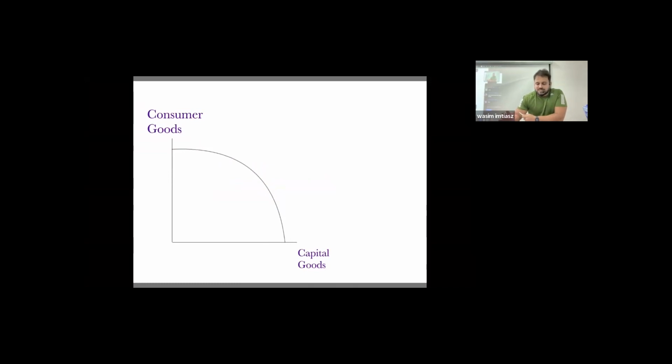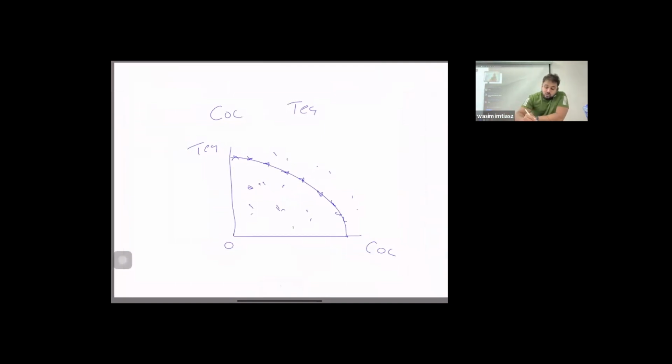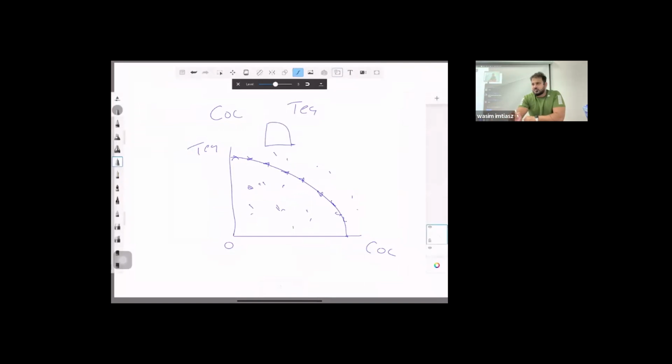Now, another question most of the students ask is, sir, should it always be a curve? No, there are different types of PPCs. This is not only for AS level, this is AS levels and O levels, so I'm teaching a combination of both. There are actually 4 types of PPC. One is a curve.